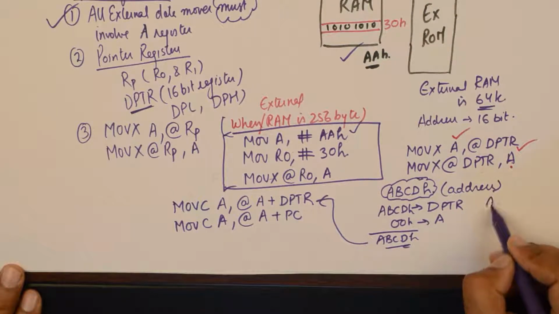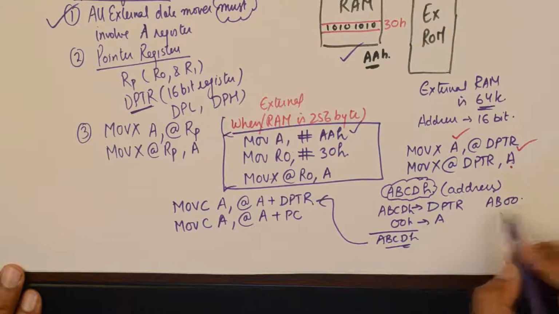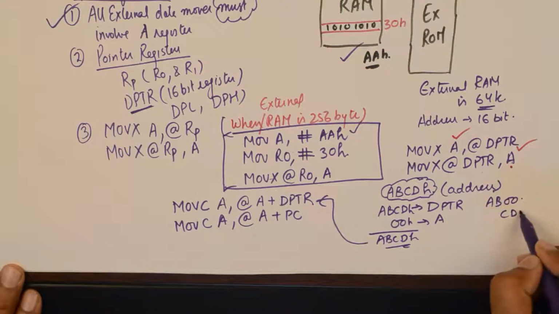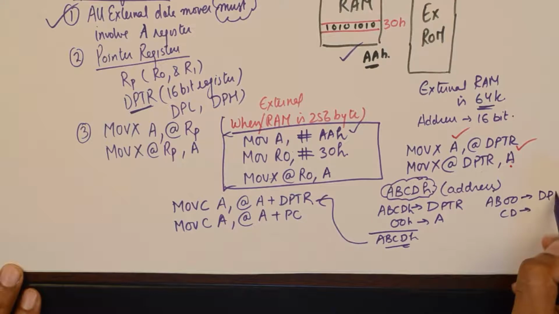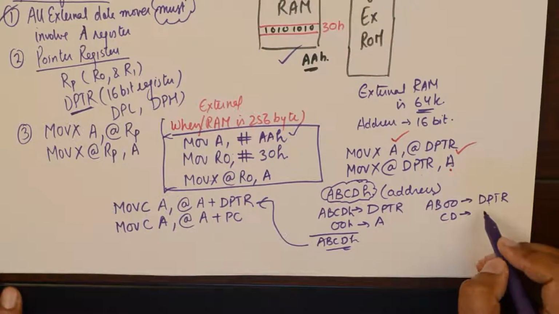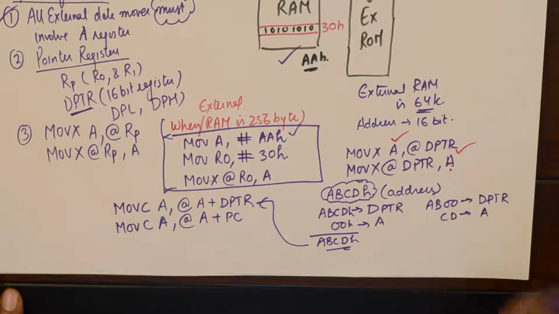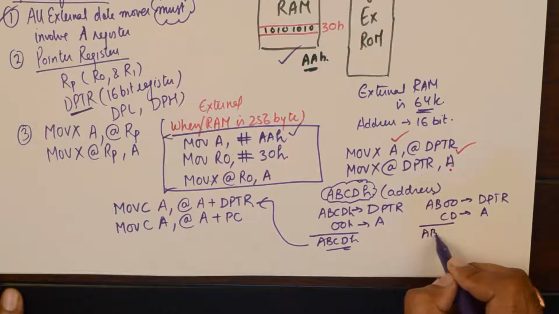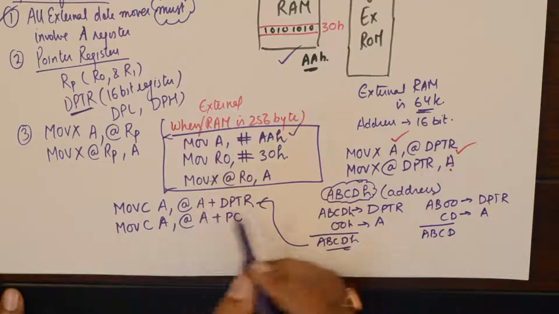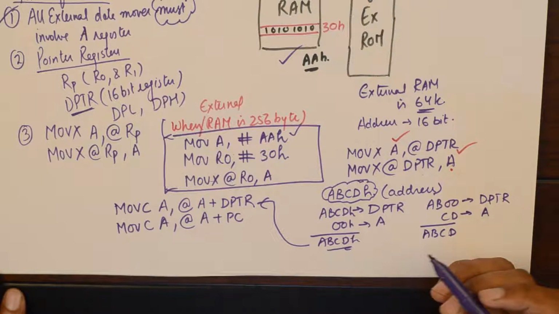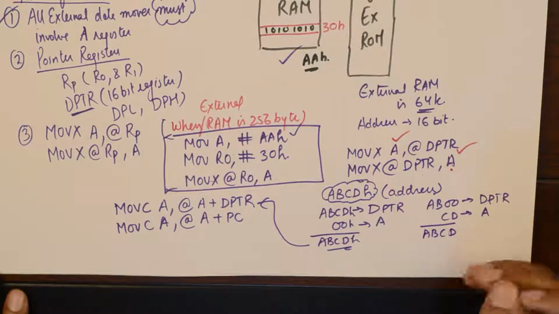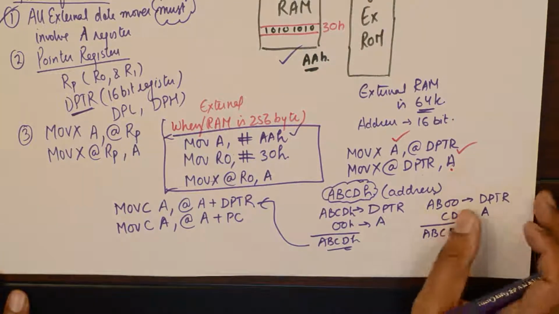Had we used AB00, then we would have to put CD into A. This is another way. So numerous permutations and combinations are possible, but the end result of adding these two registers should be that address from where we want to fetch the data.